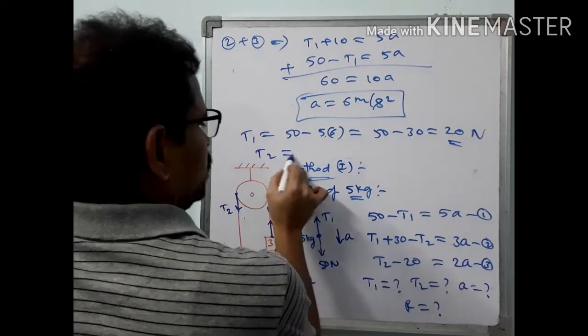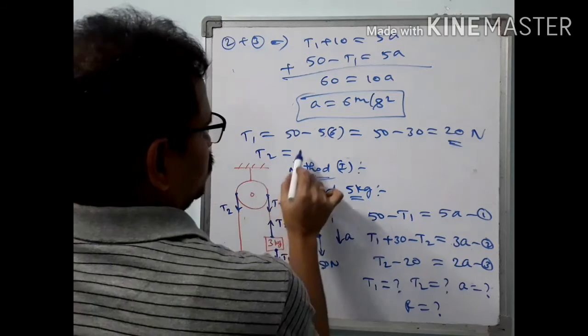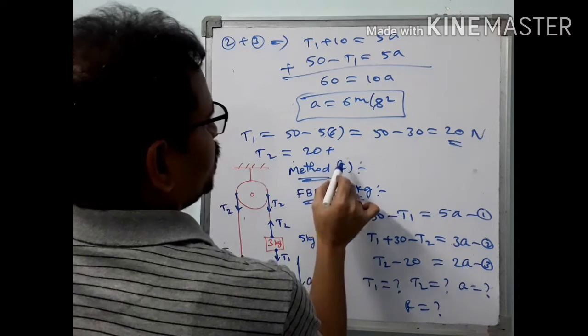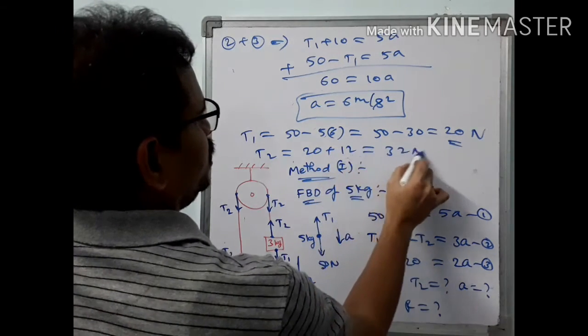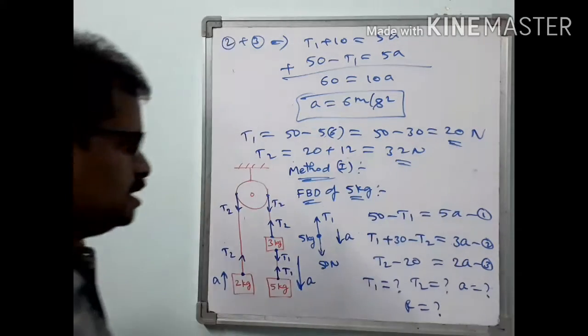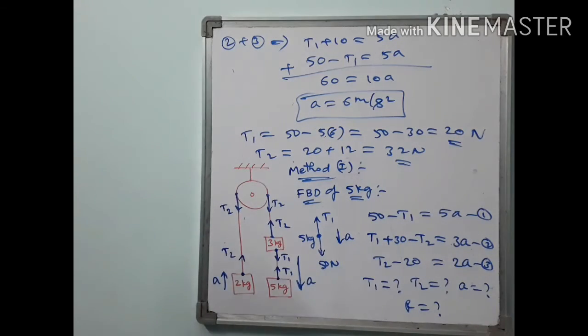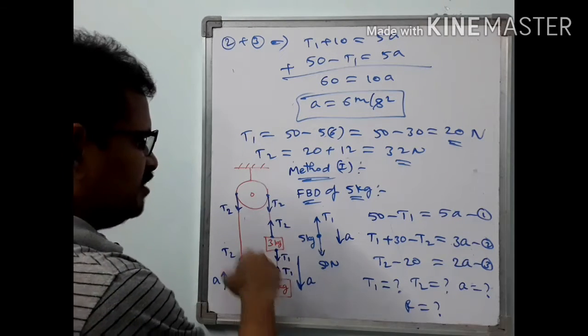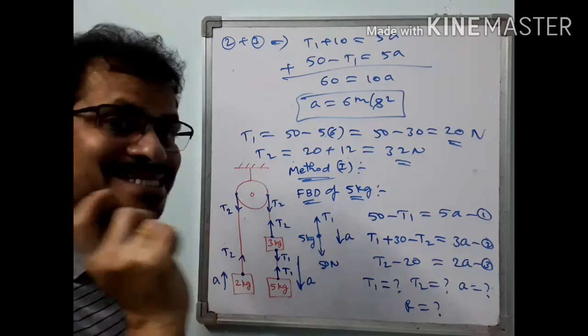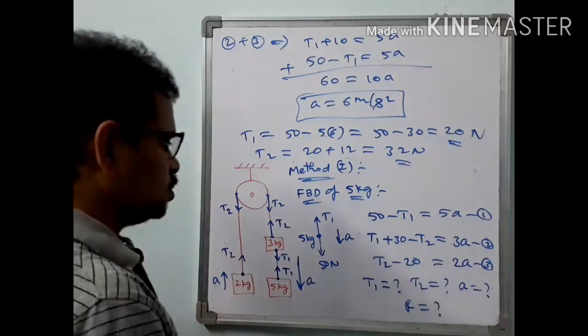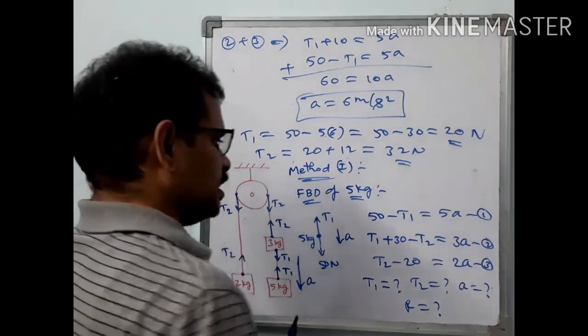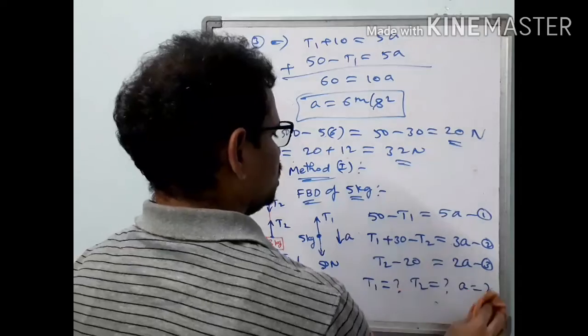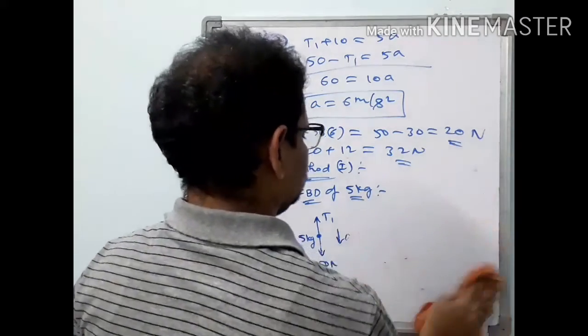Similarly T2 equal to 20 plus 2 into A, that is 12, equal to 32 newtons. See, in this way we can solve. So in method 1 I took each and every object as a single entity, as a separate system. So now let us deal with method 2. See what happens here in method 2.